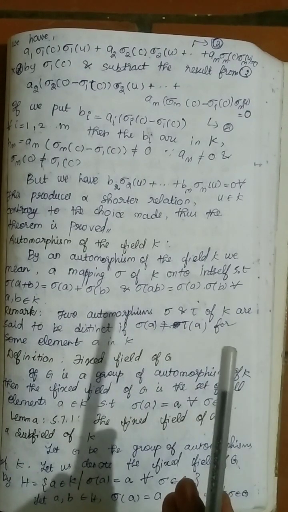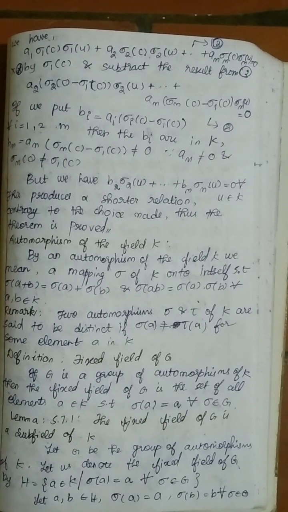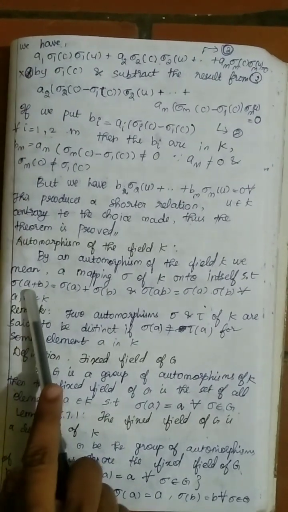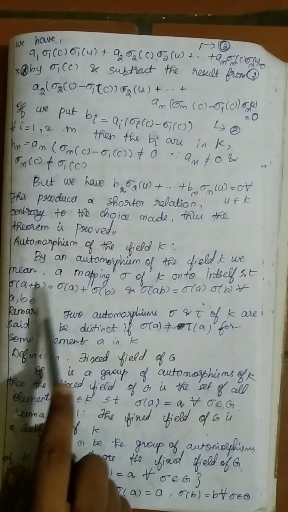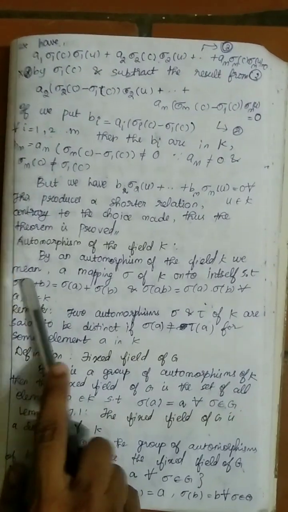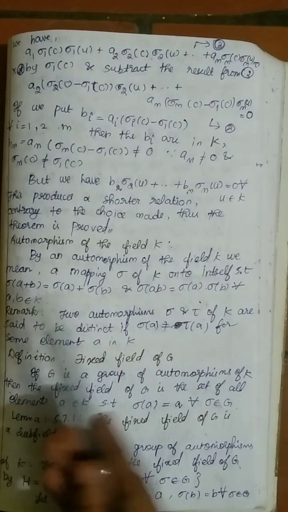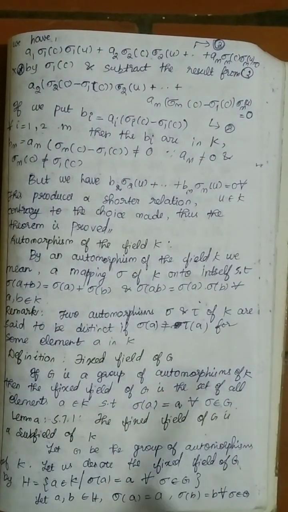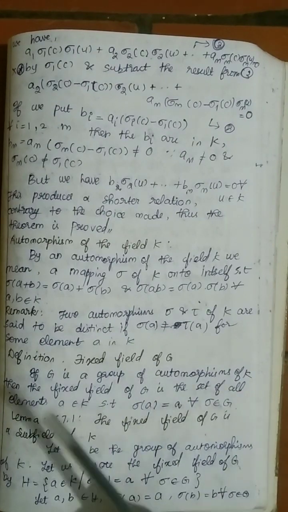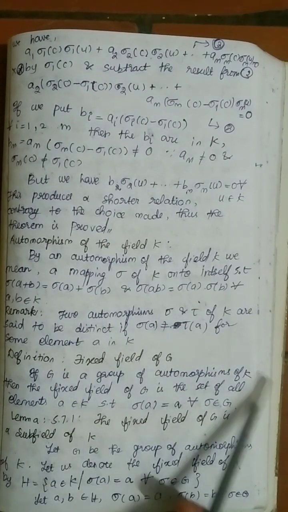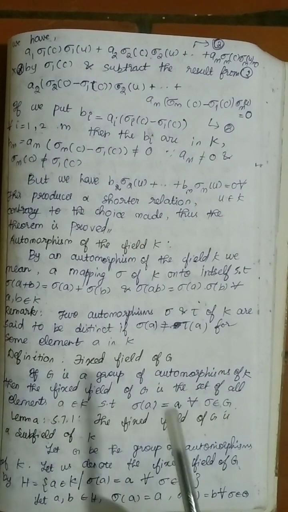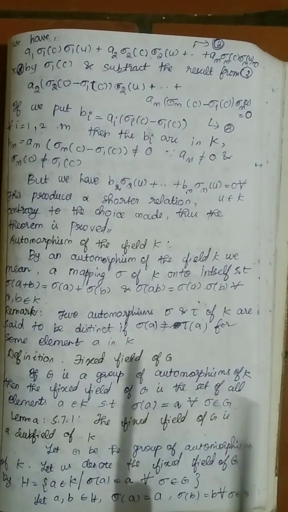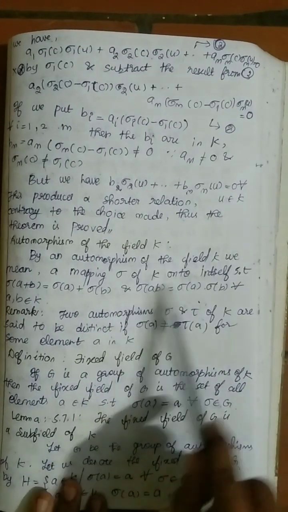It just preserves the operation, right? Because if I take a plus b addition and then take sigma, or if I take sigma and then add, both are the same, which means it preserves the operation. So a mapping which preserves the operation and maps the field into itself is called an automorphism of the field K. That is the definition.